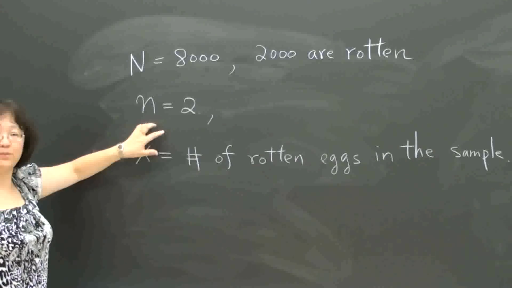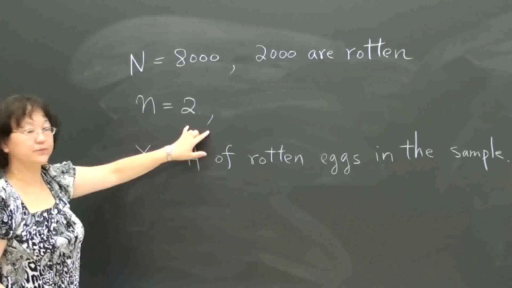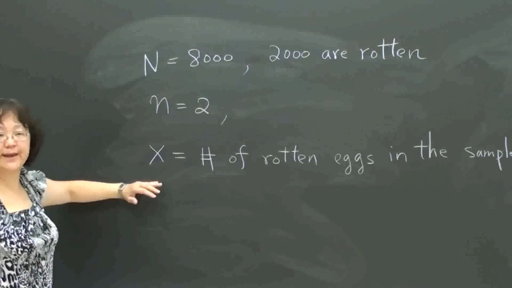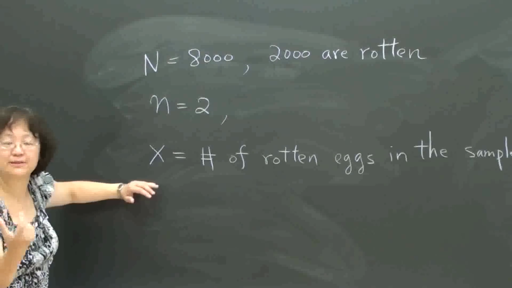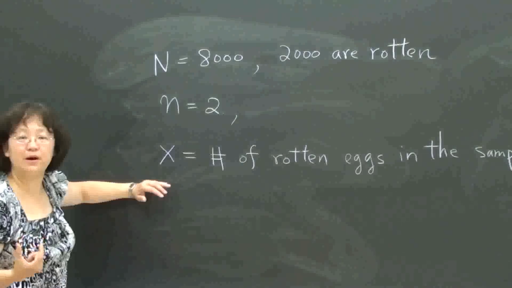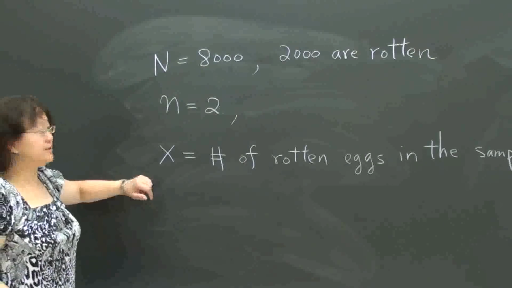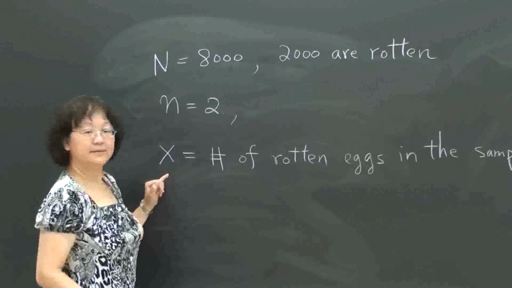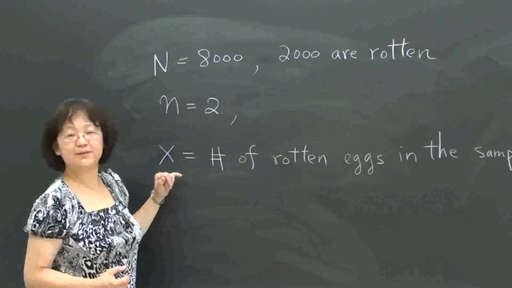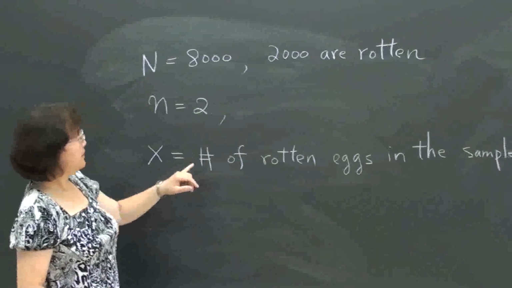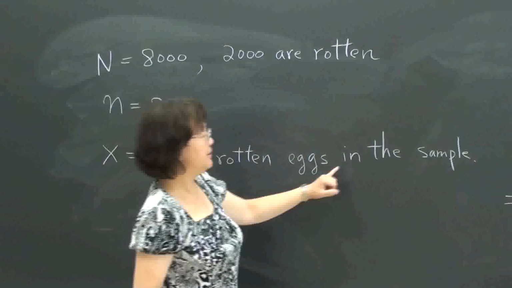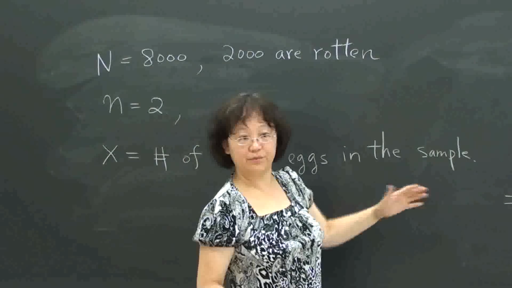So here, the sample size is equal to 2. And we also want to formally represent what we are interested in, the variable of interest. We use X to denote it.